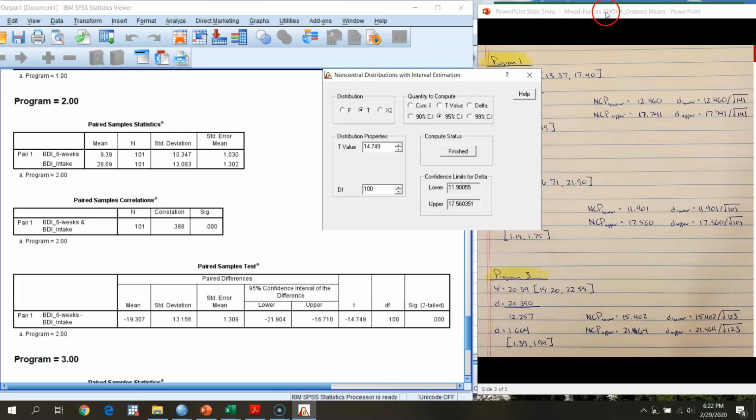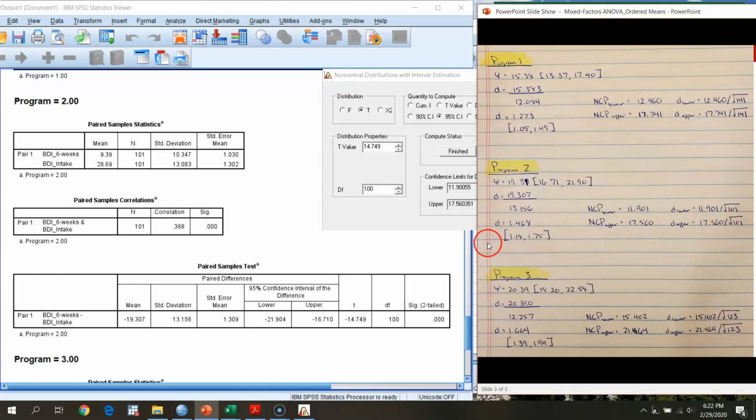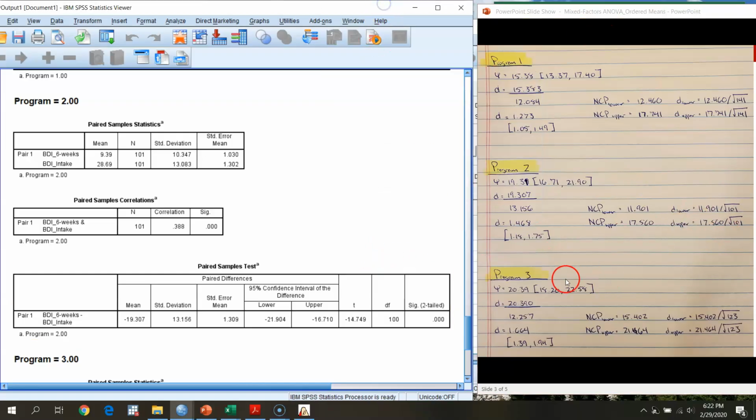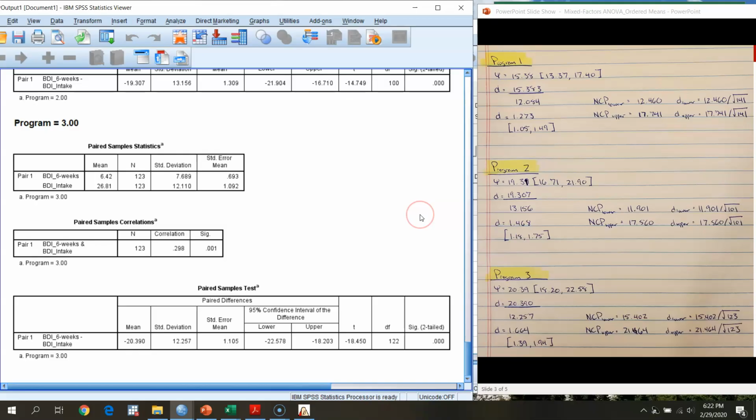We can back-translate that into upper and lower limits for d, giving a lower limit supported by the data of about 1.2 and an upper limit of about 1.8, or 1 3/4 standard deviations. As such, these data support population effects as large as a 1 3/4 standard deviation reduction in symptoms, which is really massive.